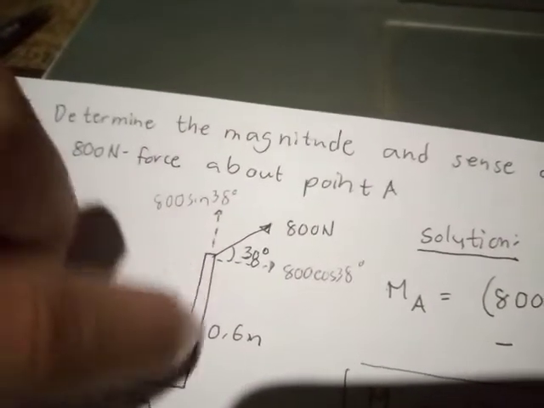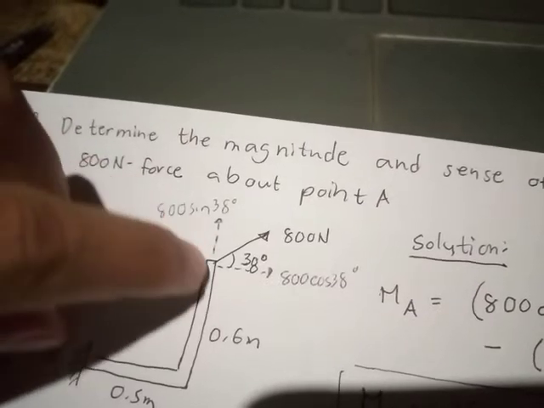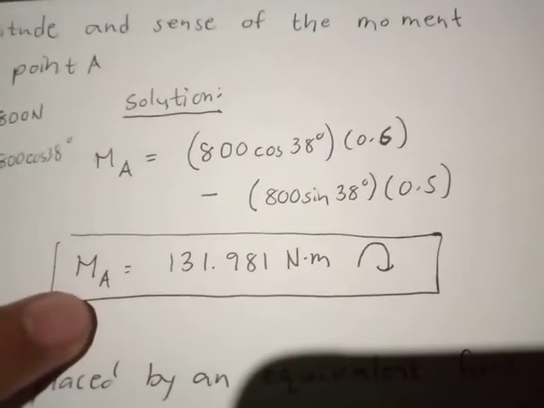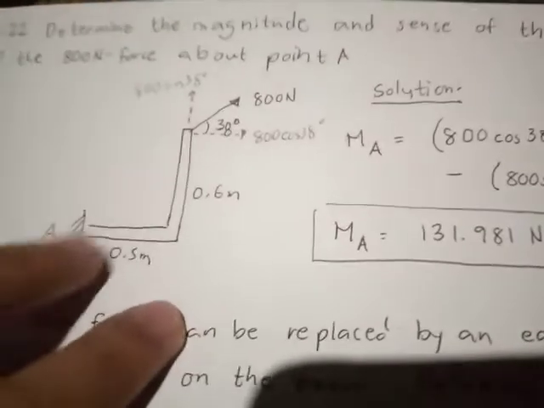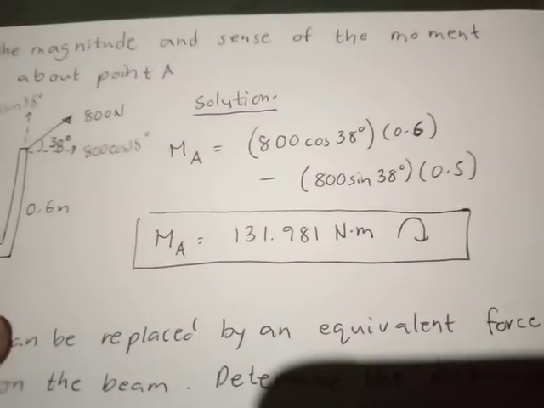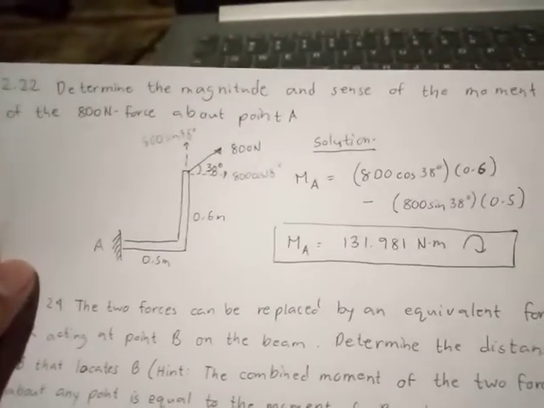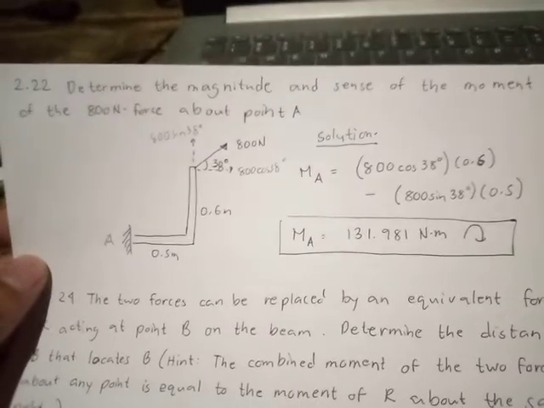Since 800 sine 38, the y component, will tend to rotate counterclockwise, it is negative. So minus 800 sine 38 degrees multiplied by the perpendicular distance 0.5. We get 131.981 Newton meter. This is for 2.22.